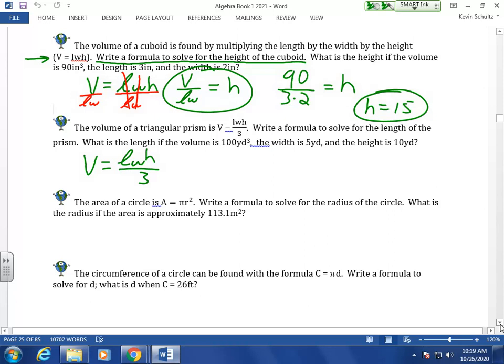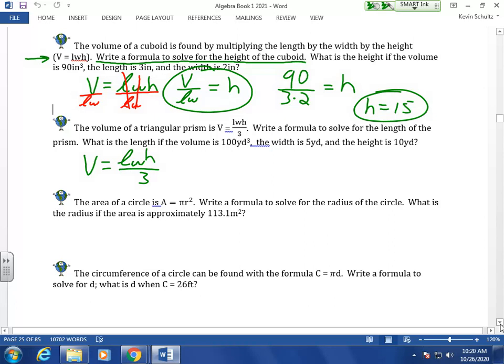So what do I have to do? How do I move the width, the height, and that 3 to the other side so that L is by itself? What would my first step be here? Caleb? Dividing 100 by 5 times.